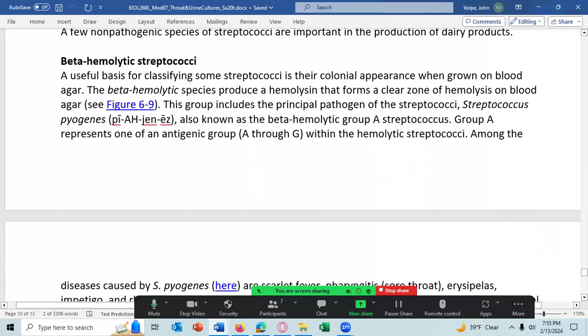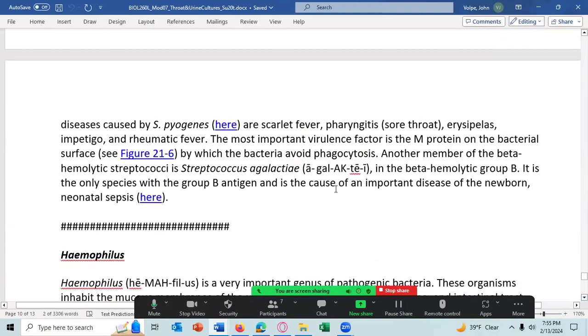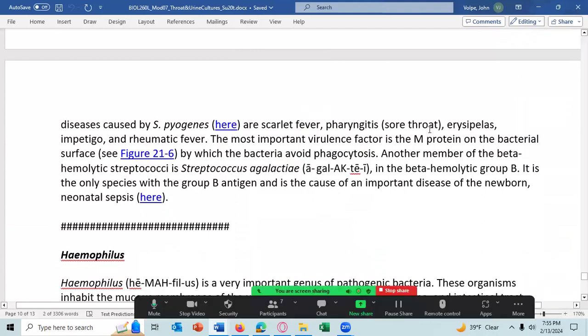And this is discussing them, mainly Streptococcus pyogenes, which does cause strep throat. Nowadays, scarlet fever, rheumatic fever, and even impetigo are rare. Erysipelas is also rare, but Streptococcus pyogenes causes all of these.